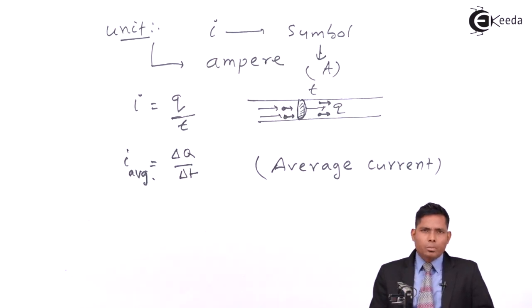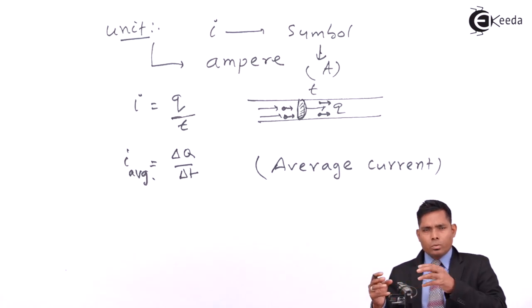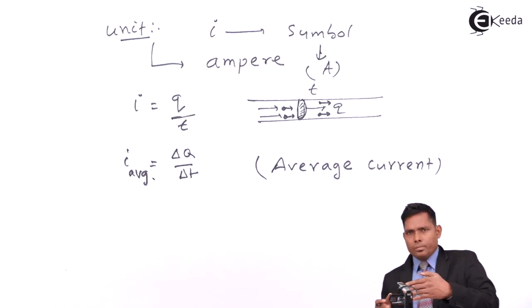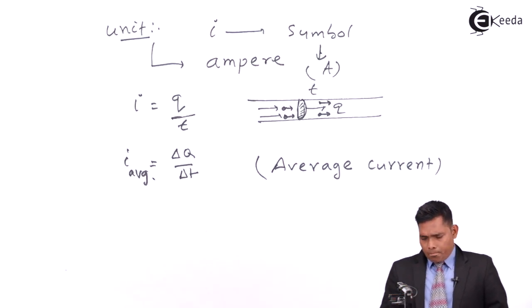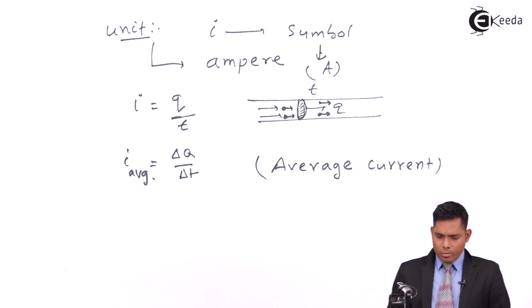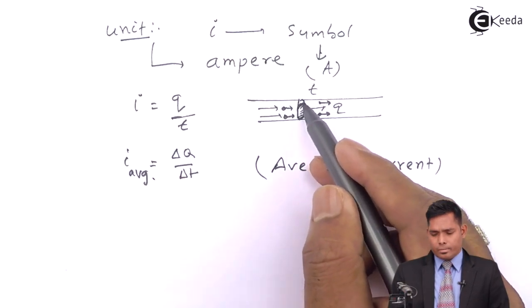That means if I give more time, more amount of charge will flow through this cross section. It is the total charge by the total time taken to cross that area.